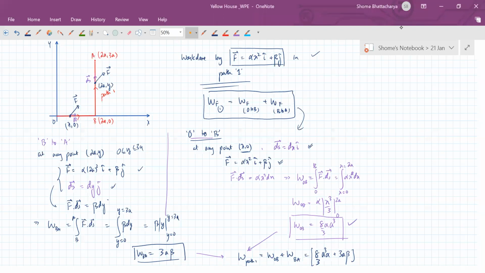Okay, so is this clear, Prince? The whole first part is clear for path 1.